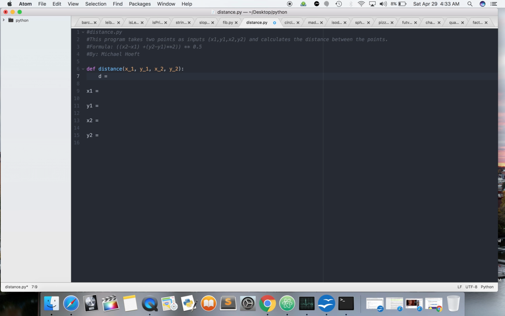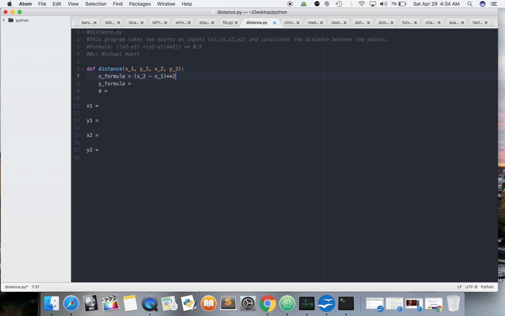d equals. So the first thing we're going to do, I just want to make it real simple. So let's do the x formula, then the y formula, and then d, just so we don't mess up on any of the parentheses. So this is going to be x2 plus, it's easier to read, I think, x1, and then we're squaring this.